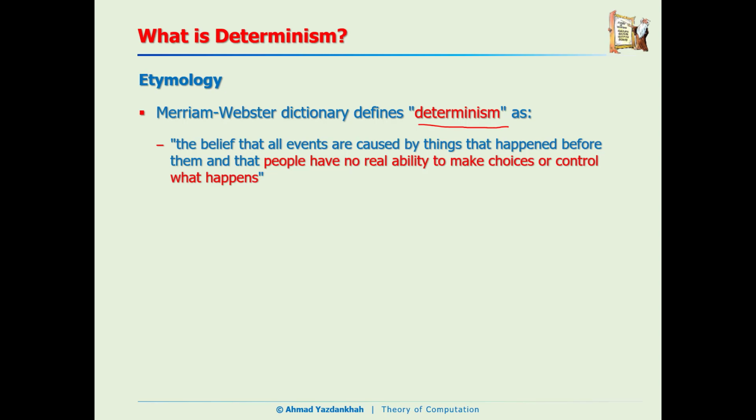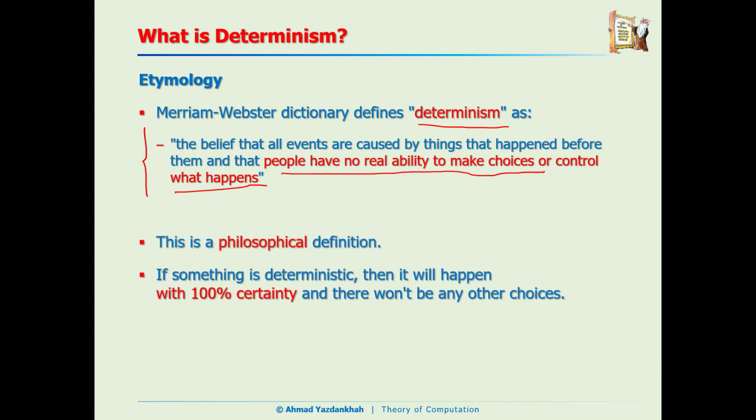The dictionary says it is the belief that all events are caused by things that happened before, and that people have no real ability to make choices or control what happens. So it means that with 100% certainty, something will happen.